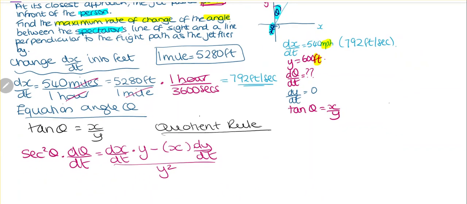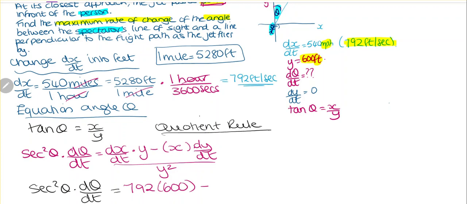So substitute in what we know. We don't know our angle. dx by dt we know because it's given in the question, and we've changed it to 792 feet per second. y we know because we have this as 600 feet, so this is multiplied by 600, minus x.